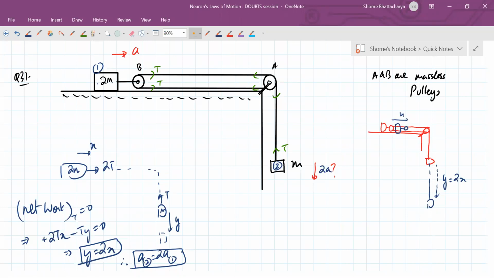Question 31. Just go through it, you'll understand the diagram. Diagram and explanation is there, Rahil, in question 31. This pulley is attached to this block of 2m, and this other thread connects to the rod, goes around this pulley, then around another pulley, and it's used to vertically suspend the other block m. Okay. So now just make the FBDs.